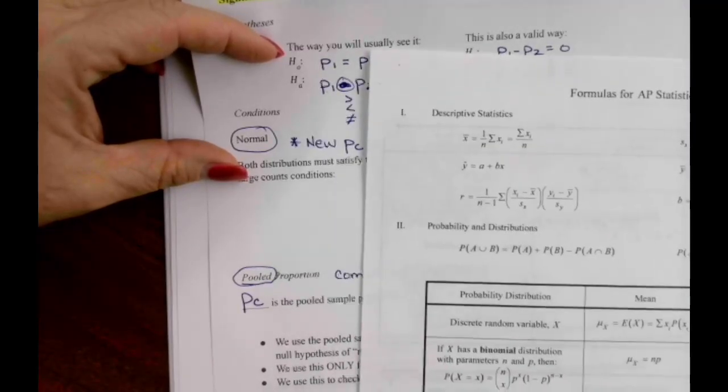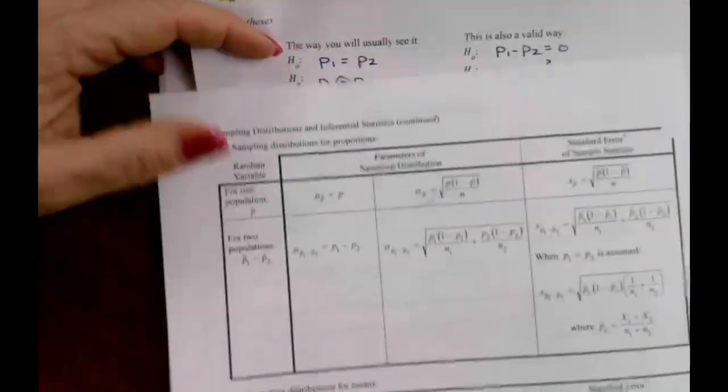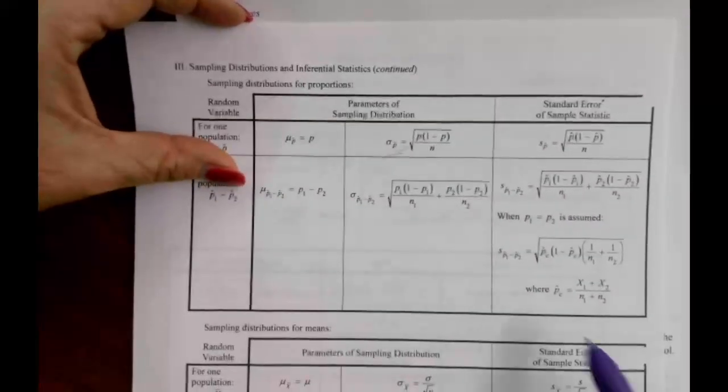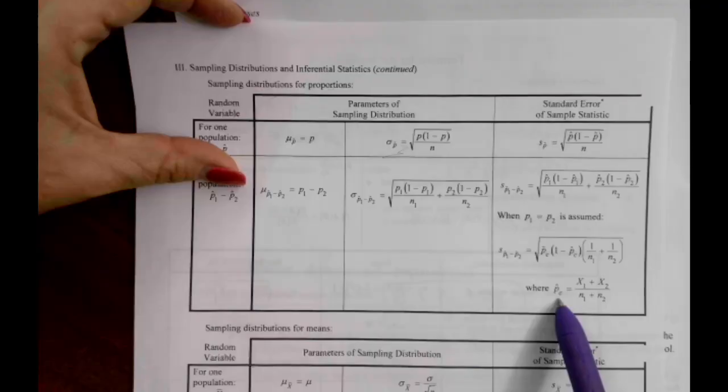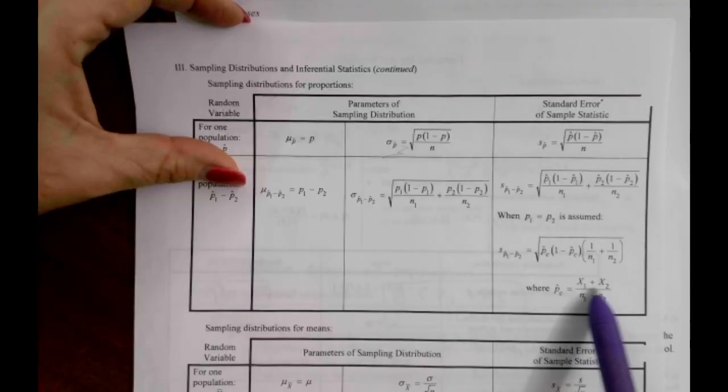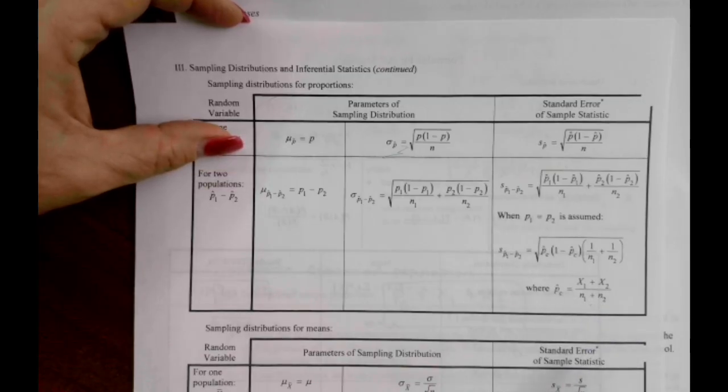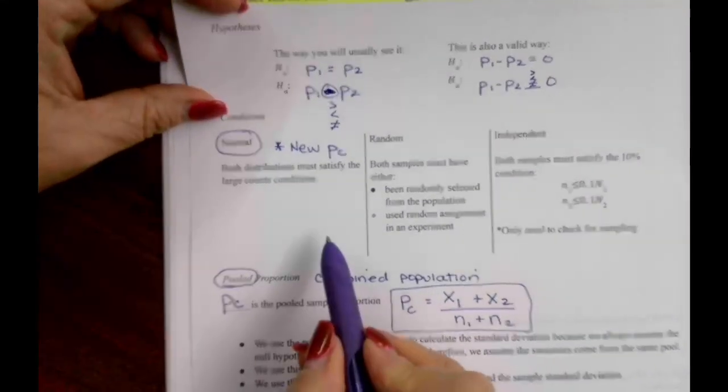We have this on our formula sheet. If we look over here on the back page, we have P hat sub C, and it tells us right here, it's our two successes over our two sample sizes. Okay, so now we have this new value of P sub C.